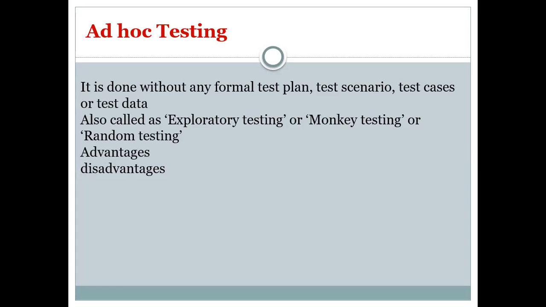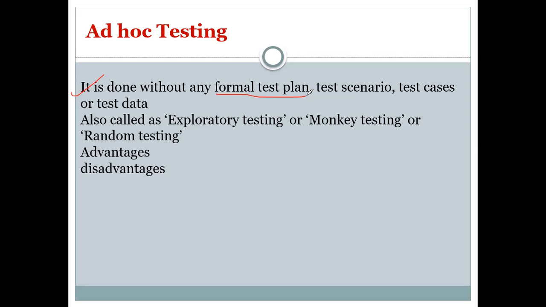How you can handle your software and how you are going to find the number of bugs just by ad hoc testing, that is what you are going to check. It is done without any formal test plan. You are not having any kind of test plan with you.